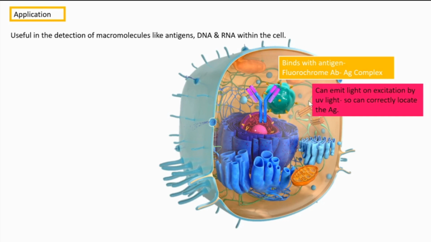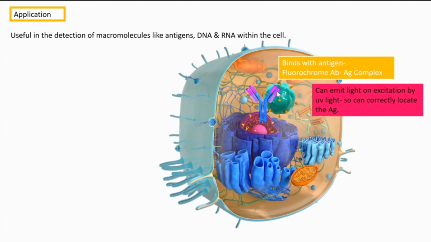Then when we observe this cell under a fluorescent microscope, we can very clearly visualize the position of this antigen inside the cell, because as we watch this cell in the fluorescent microscope, UV light is passing to the cell.